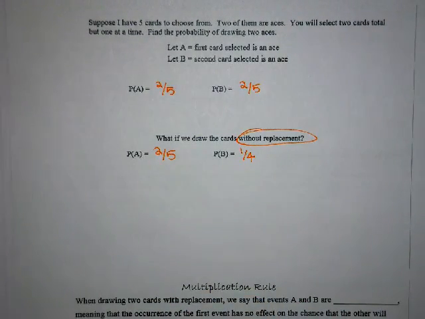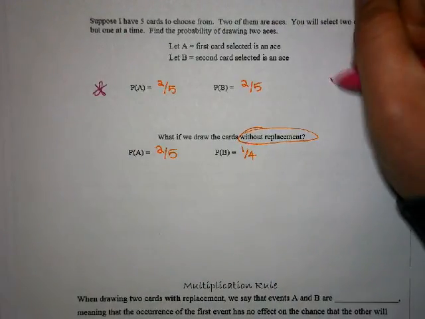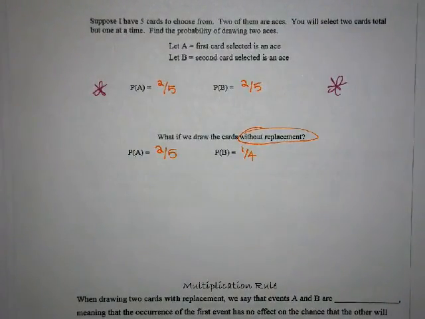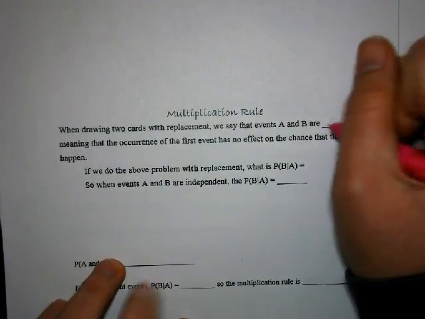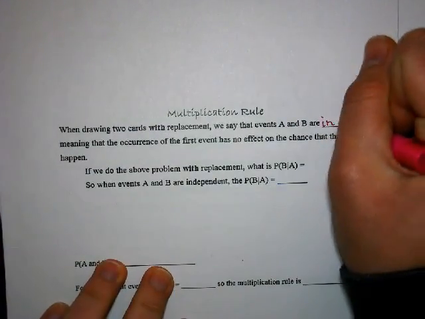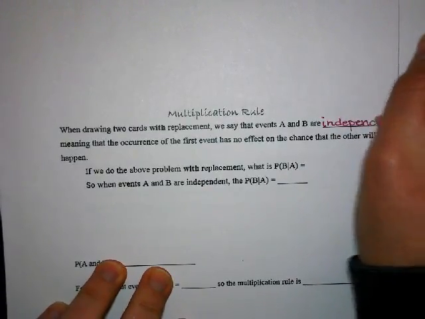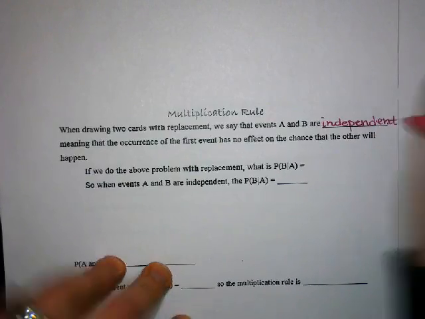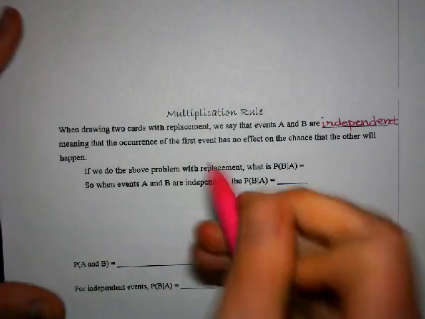So the first one is what we're going to focus on today, because when we draw 2 cards with replacement, we can say that events A and B are independent, meaning that the occurrence of the first event has no effect on the chance that the other will happen.